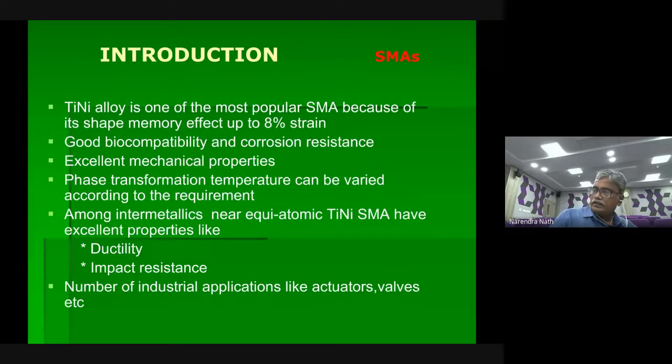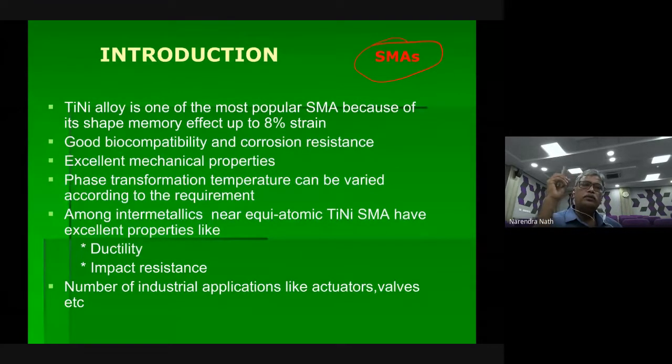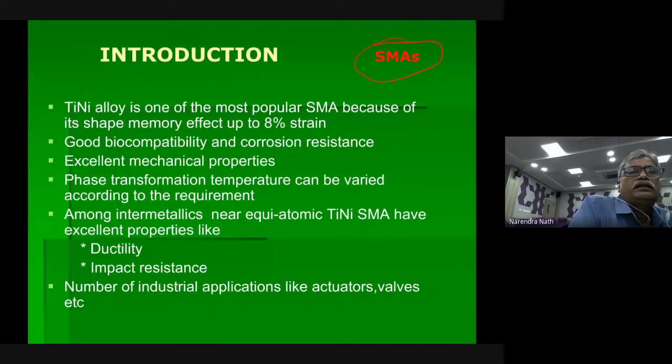Introduction to shape memory alloys, for those who have already worked in this, are working in this, and are thinking of working in this. These are a few very important properties. Here, this is one of the alloys. When I say one of the alloys, I am referring all the time to titanium nickel, or nitinol.